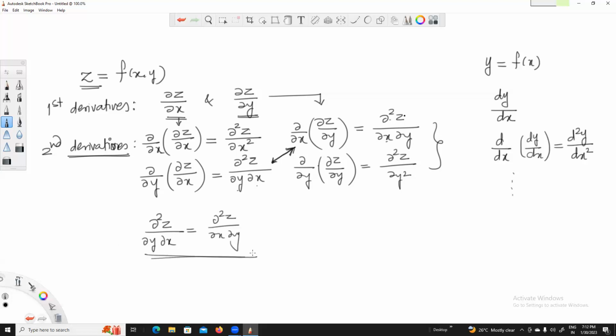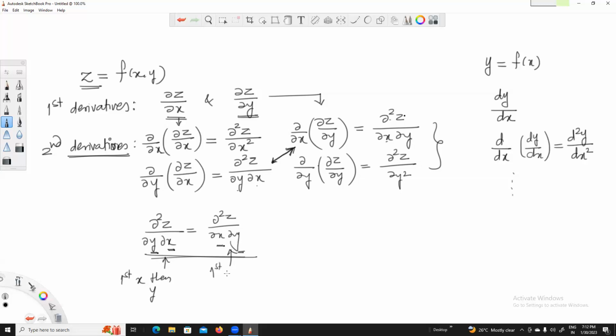What I mean to say is that the sequence of differentiation is not important. Here I am taking the derivative with respect to x first, and then differentiating with respect to y. So the sequence is first x, then y. And in the right hand side, I am differentiating with respect to y first, and then with respect to x.